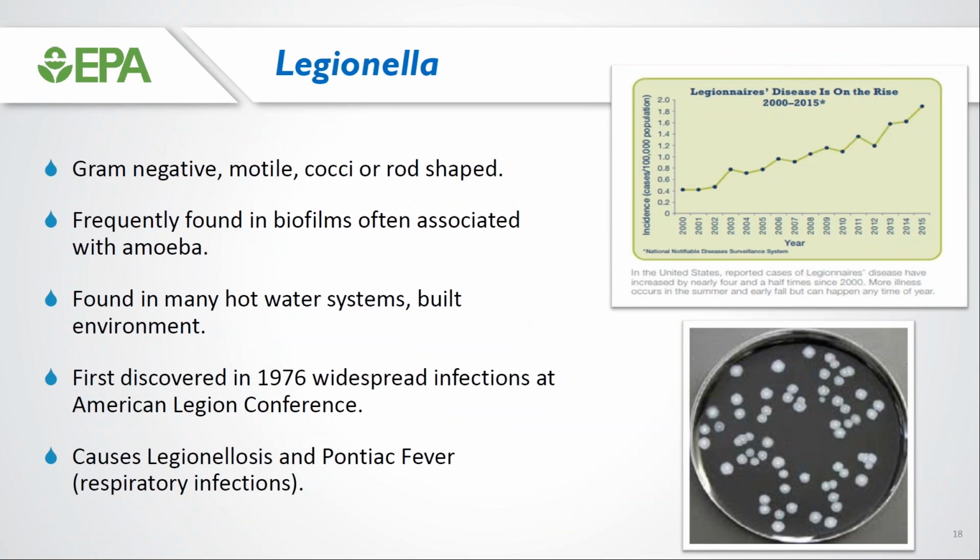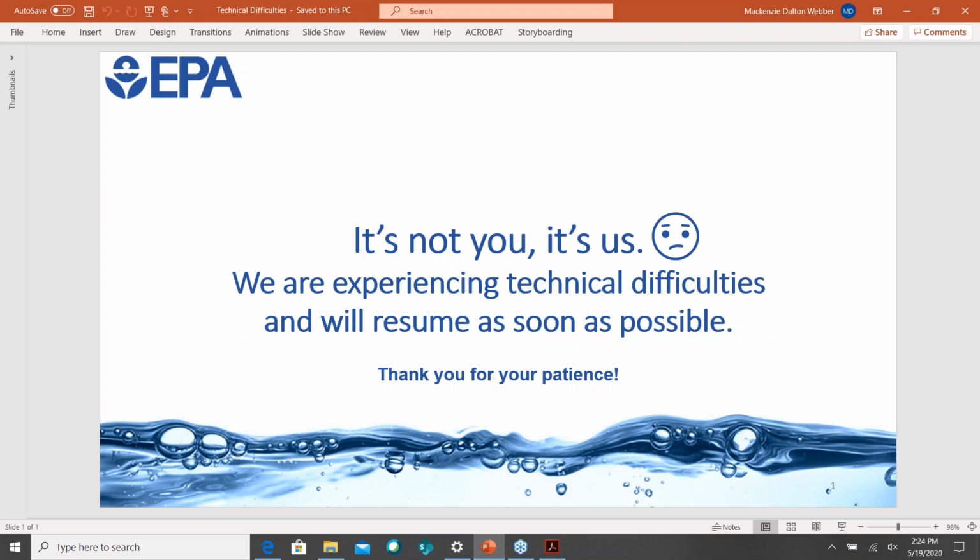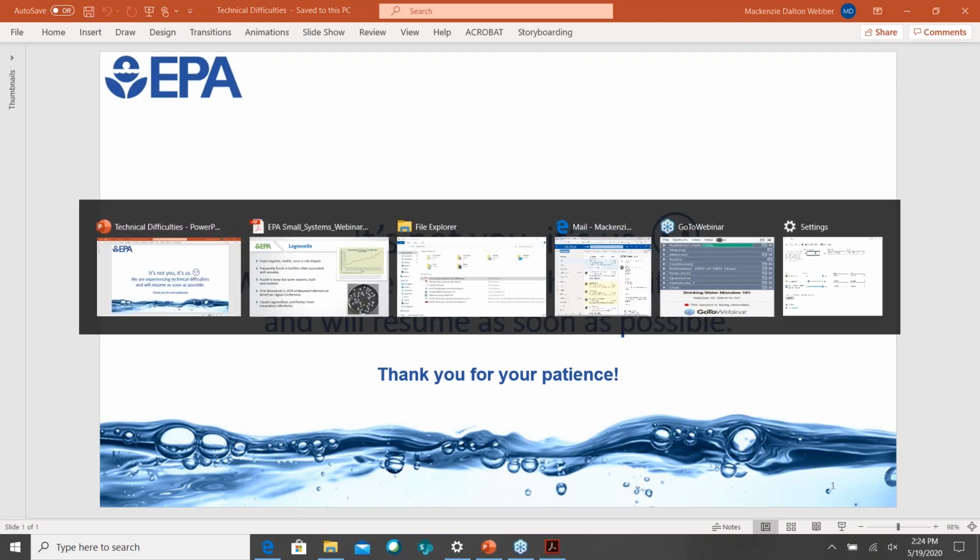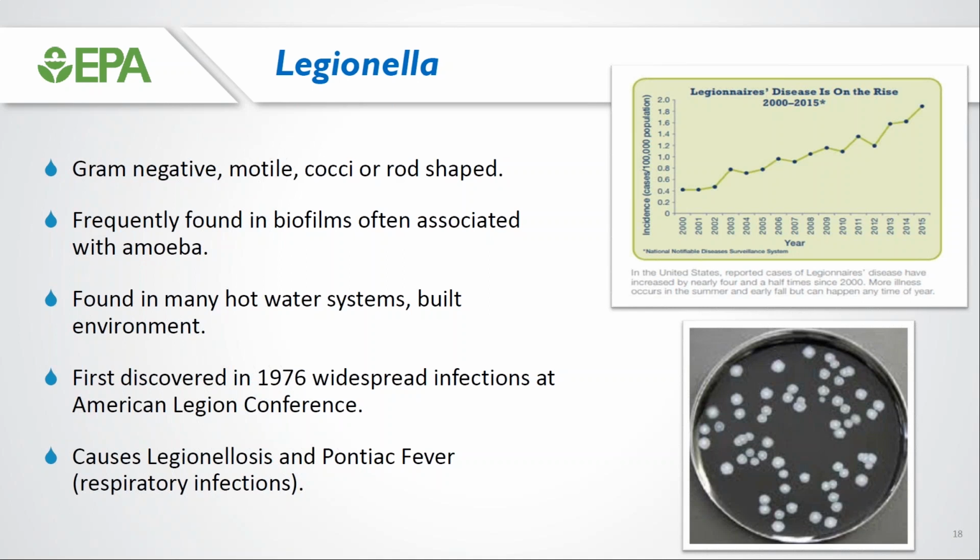So on this slide, I want to talk a little bit about Legionella. I'm sure a lot of you are concerned about Legionella. I've heard a lot in the news lately about Legionella. Legionella are bacteria that can hide inside of an amoeba, and they can persist shielded from different disinfectants that we apply to kill them.